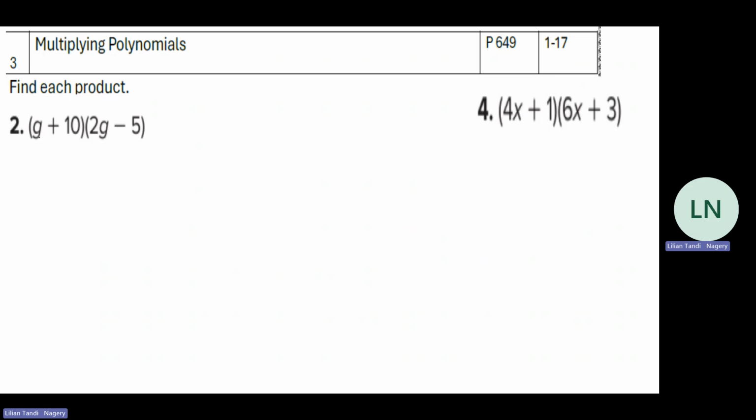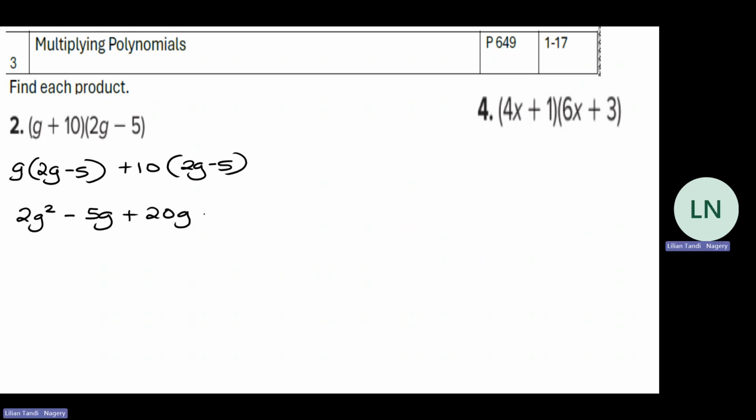Okay, we can do distributive property. G, 2G minus 5, positive 10, 2G minus 5. That becomes 2G squared. 2G squared minus 5G, positive 20G minus 50.